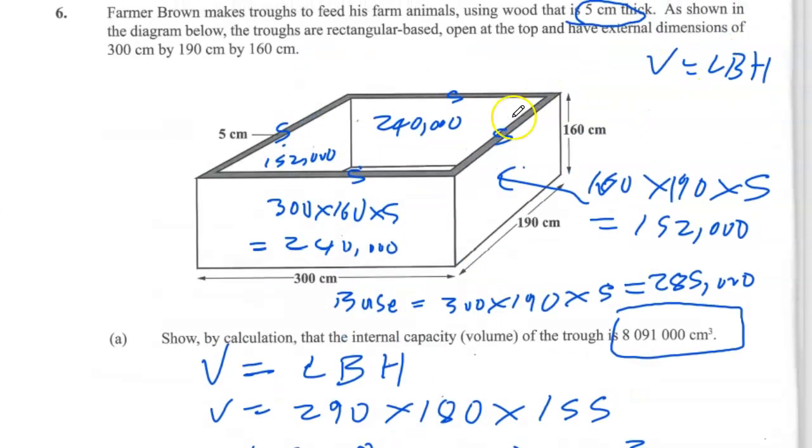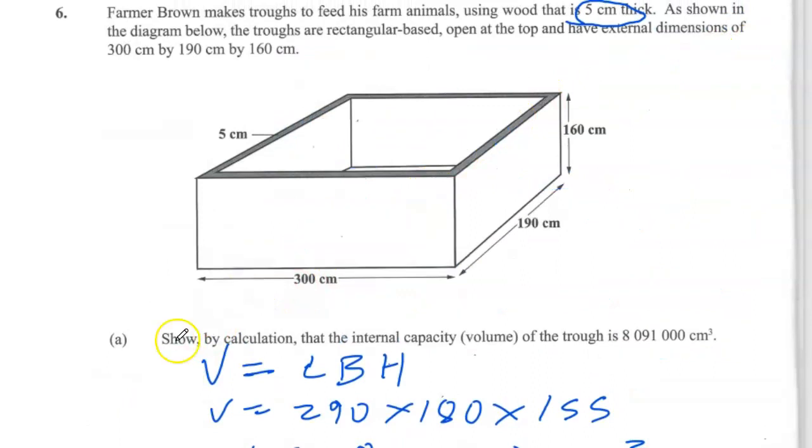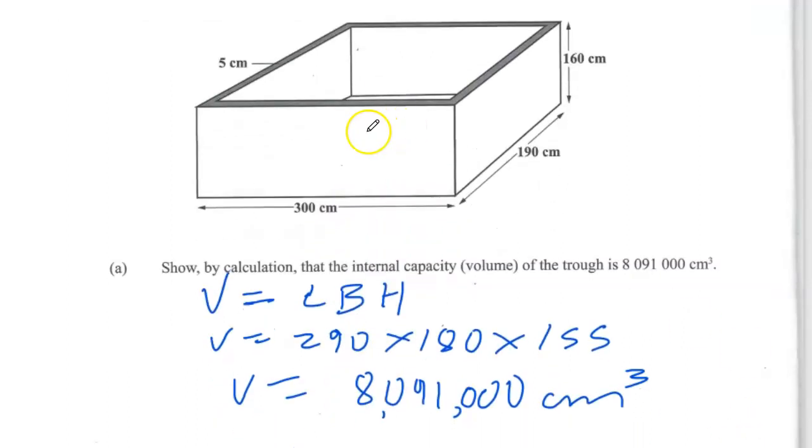Now let's revisit the shape. So let's determine the internal surface area, and again, notice it is 5 pieces. Internally this piece is 290, we did it already, 290 times 180 due to the thickness, so it's 290 internal, 290 times 180, subtracting the 5 centimeter thickness.